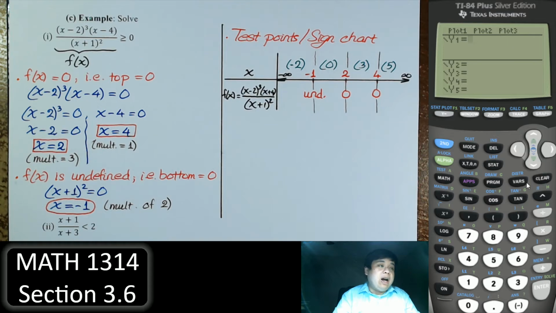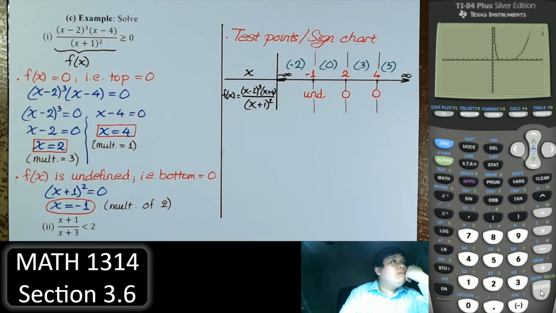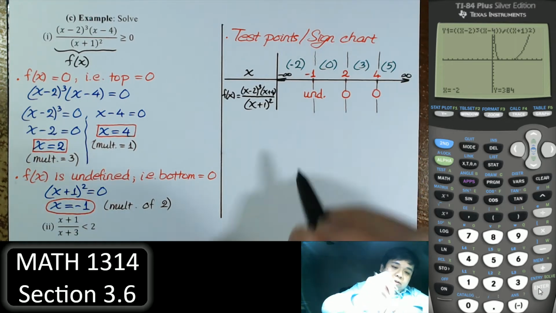If we have a calculator, I recommend you just evaluate that with a calculator. (x minus 2) cubed times (x minus 4) over (x plus 1) squared. Right, let's evaluate. At negative 2, it is positive.